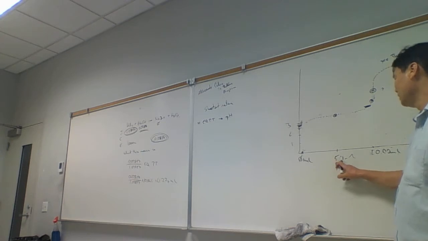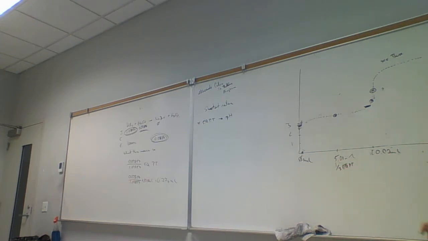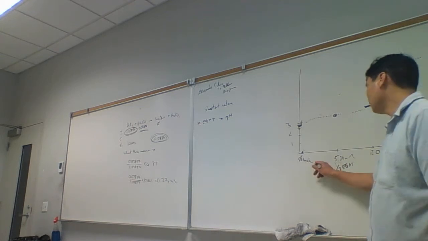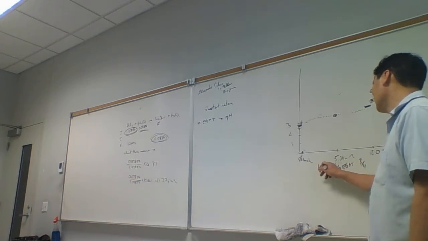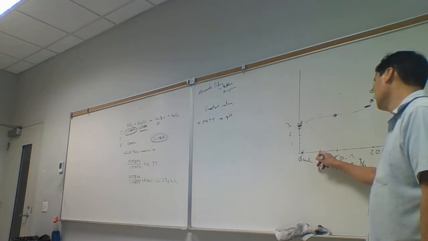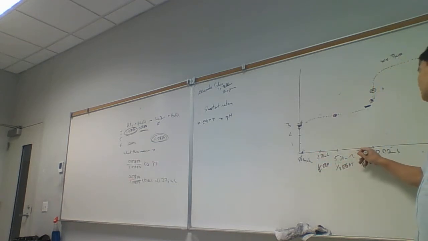There are going to be some that are very quick and easy to do. At 5 milliliters, we call this a half equivalence point because we've added half as much base as required. Full 10 milliliters required, we added half of that. And then we have the 1/4 equivalence point at 2.5 milliliters and the 3/4 equivalence point at 7.50 milliliters.